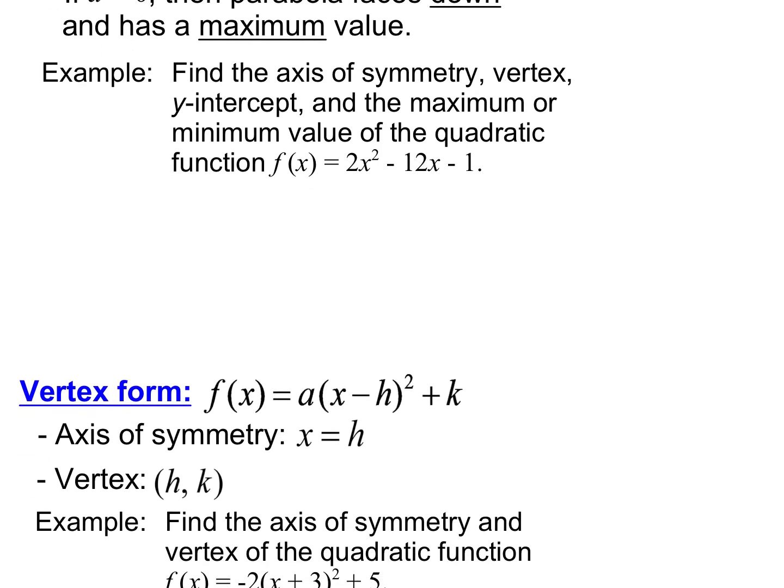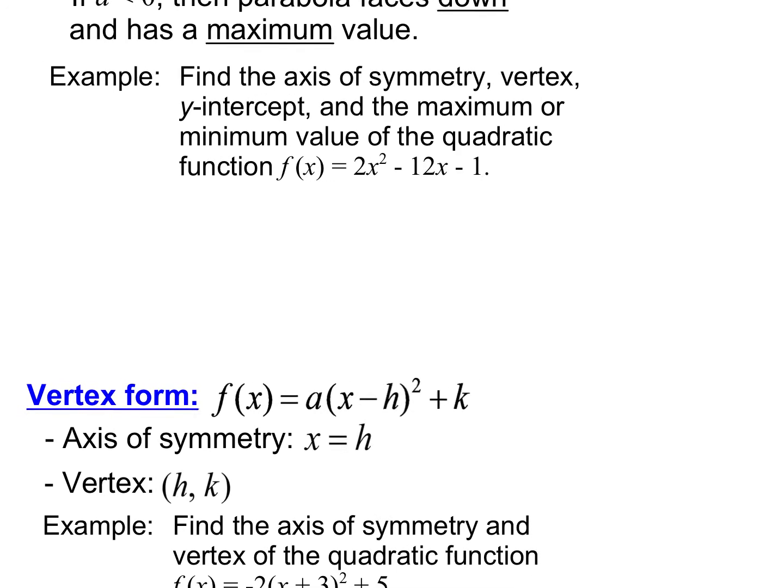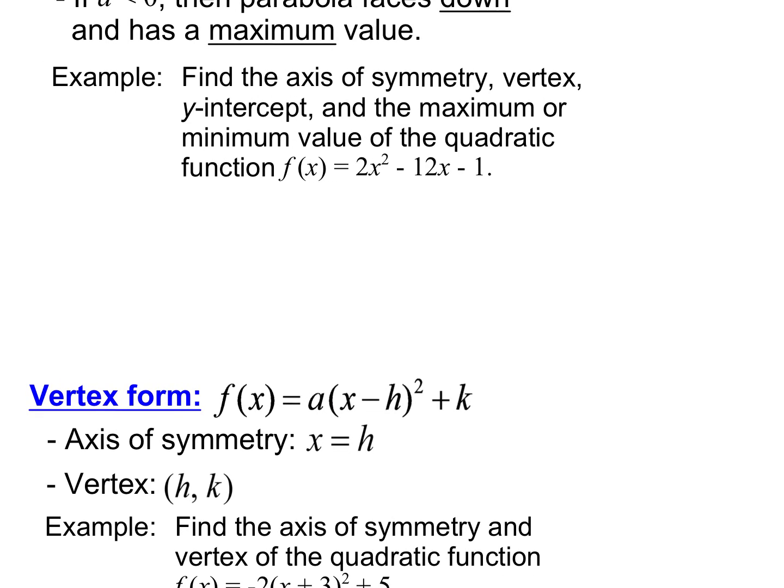Find the axis of symmetry, vertex, y-intercept, and the maximum or minimum value of the quadratic function f(x) = 2x² - 12x - 1. So first, we find the vertex by calculating -b/2a. Okay? So b is -12, a is 2.